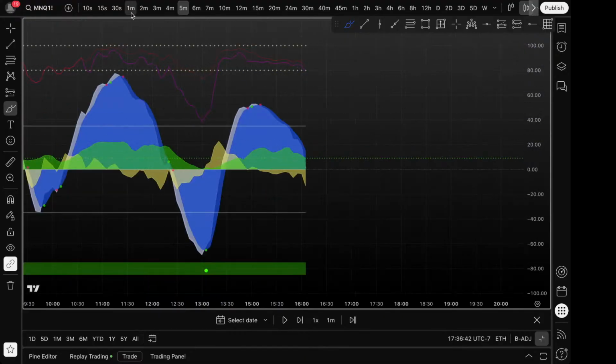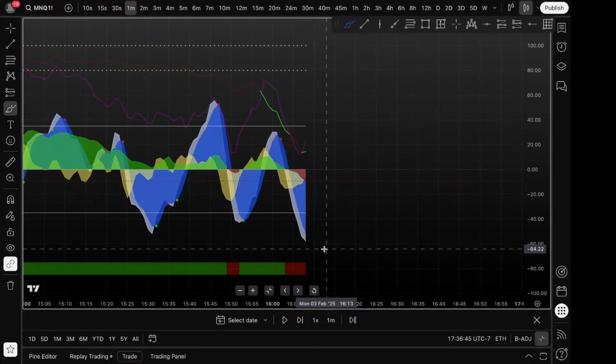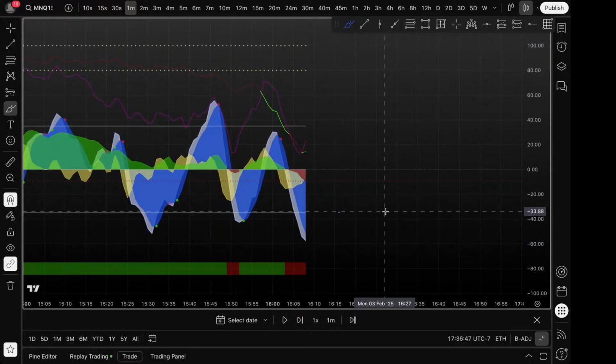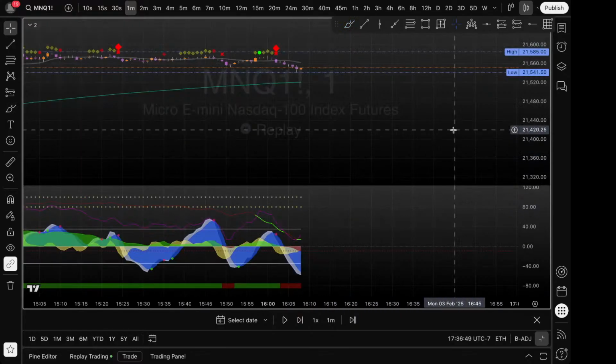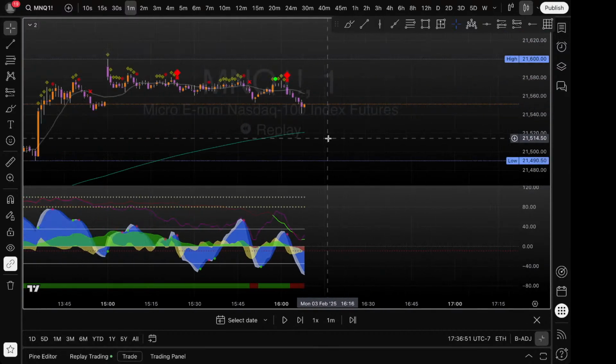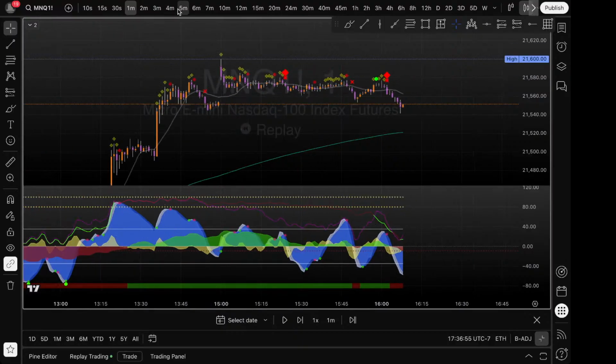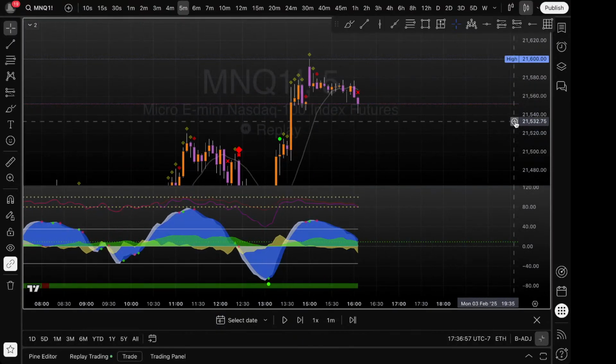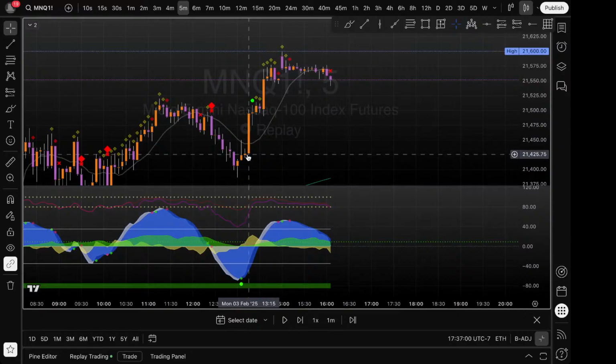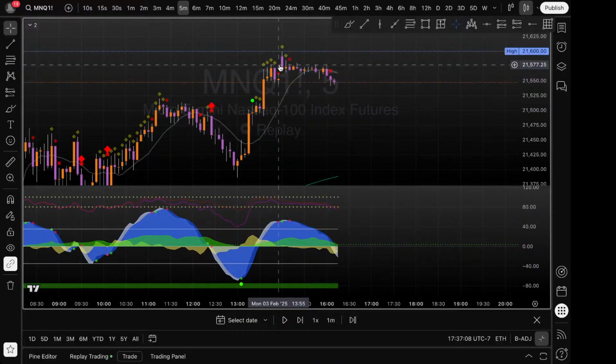Seeing a little pullback action. Let's just play it out some here in the Asian session.